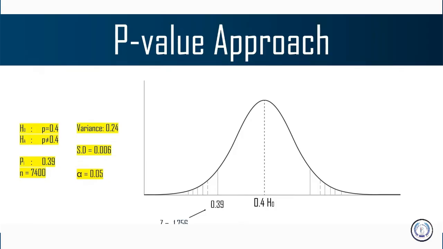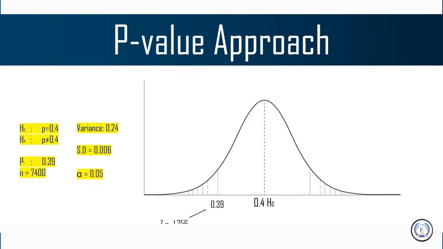When you compute the p-value, you sort of follow the opposite route to the critical value route. The p-value approach looks at more extreme values, so we get more extreme limits here for 0.39 and similarly on the right side as well. Now we can compute the p-value.